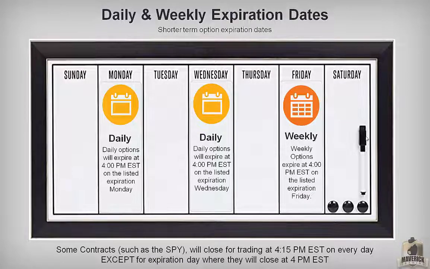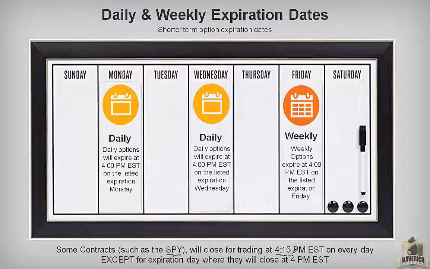So some of these options do trade a little bit longer. When you're trading the SPY and the QQQ, you'll notice that the stock market closes and the options market closes, right? So when stocks close at 4 p.m. Eastern Time, options close, and you can't trade your Bank of America call option past 4:00 p.m. Well, these SPY options will trade even beyond the close.